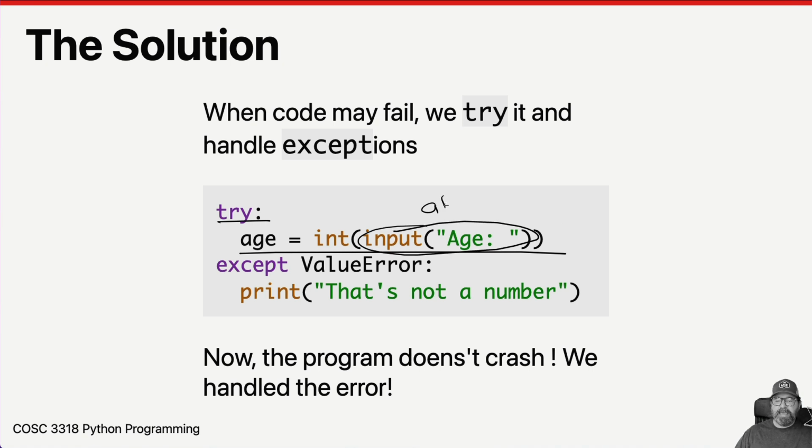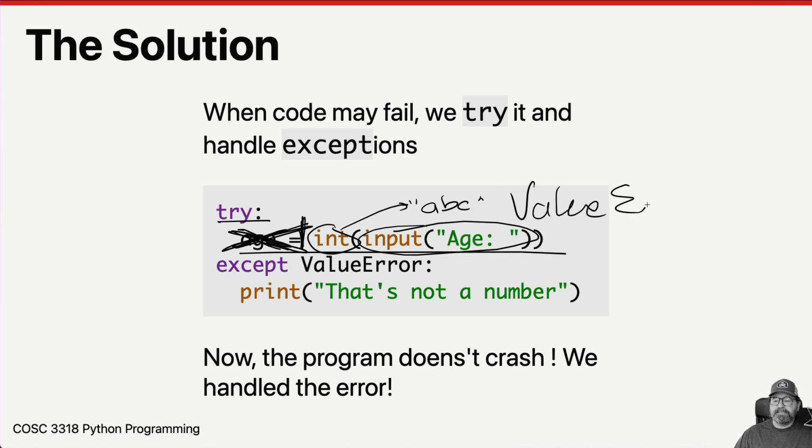If we type in ABC like this, int will look at that and be like, I don't know what to do with that. And it raises a value error. So we don't even get to the assignment part. It just says, I have a value error.